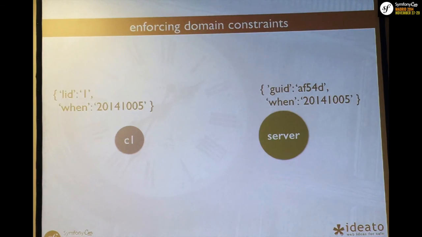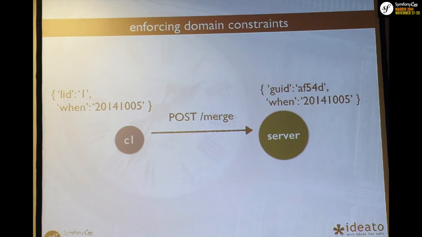On a disconnected client, we create a record with the same date. When we issue a merge request, first we look for the record on the server by searching for its global unique identifier, but since it doesn't have one, we will not find anything.